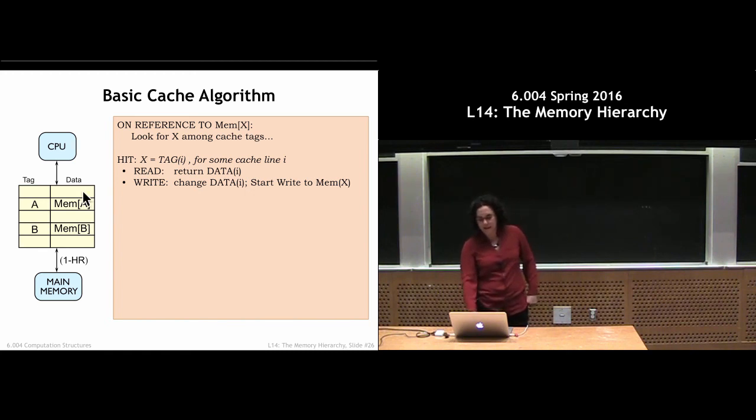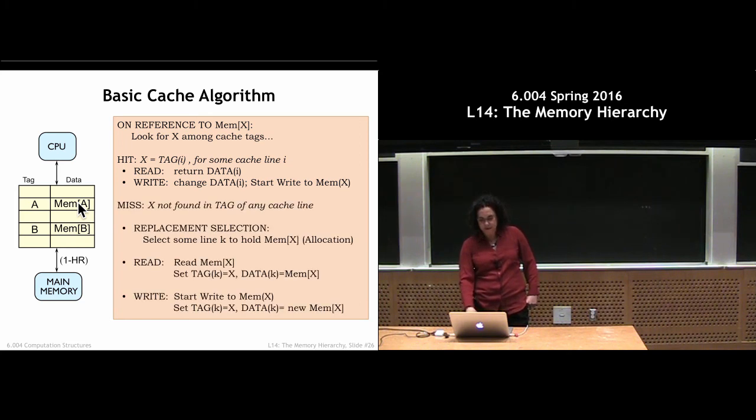But what's the advantage of writing it to your cache? Suppose that now, a couple instructions from now, I want to access address A again. What happens? This time it's there, right? Even if I had a miss the first time, the second time I'm going to get a hit because I brought it into my cache, okay?